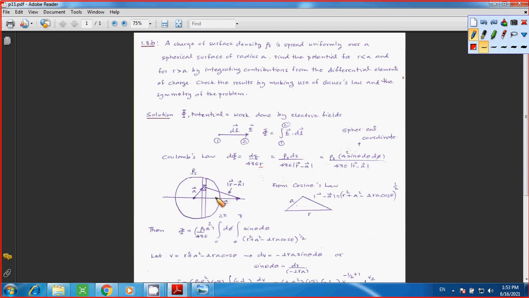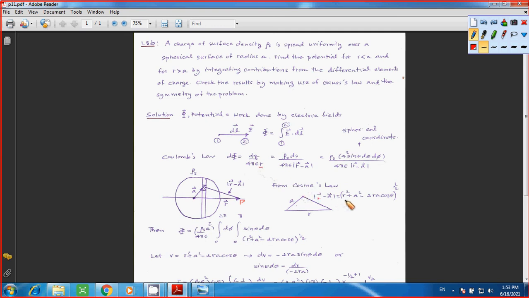And for r, from the triangle here and applying the cosine law, you know that, sorry, I'm missing r here, your r, the magnitude of the vector r minus vector a, just gives you the length from the observing point to the charge element, or the distance that you are looking for. In this case it is r, from Coulomb's law.